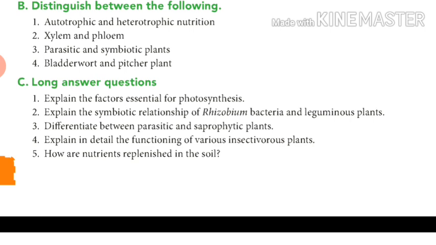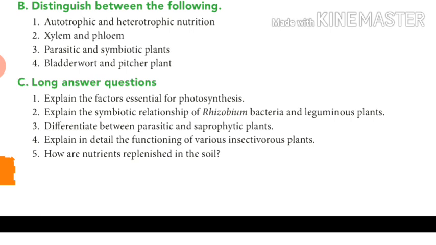Now the second one: explain the symbiotic relationship of rhizobium bacteria and leguminous plants. We know that the rhizobium bacteria present in the leguminous plant fix nitrogen in the roots of the plant, in nitrate form.